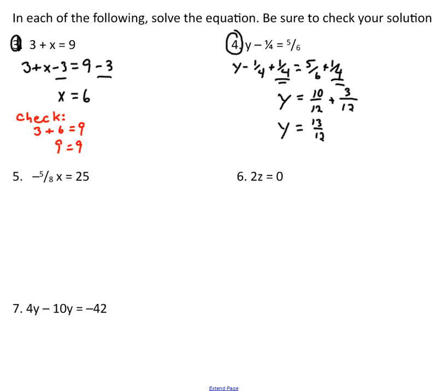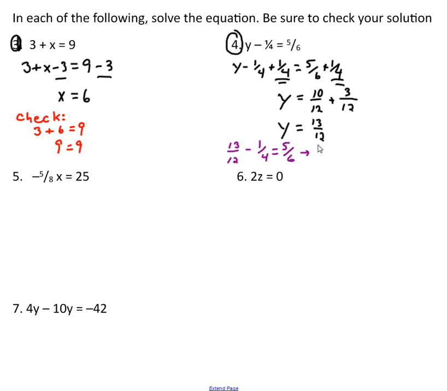Now, of course, once again, to be sure, we should check. So let's go ahead and do a check right here. We're going to substitute in 13/12 for y and see whether or not it makes our equation true. We're going to take 13/12, subtract 1/4, and if it worked out correctly, we should end up with 5/6. Well, does that work? Let's see. To subtract 13/12 and 1/4, we need a common denominator.